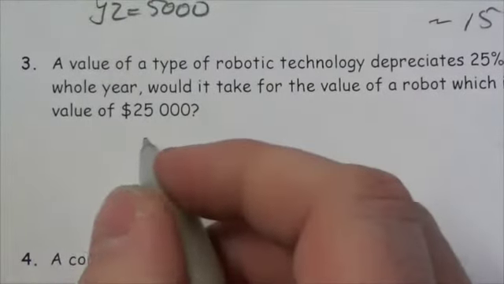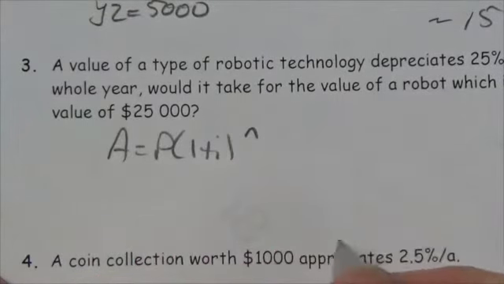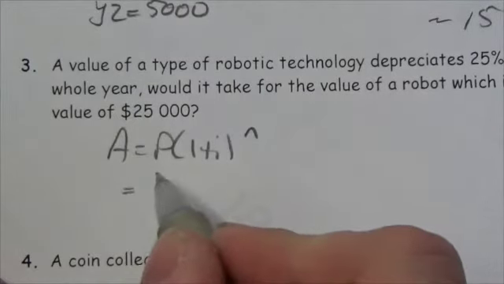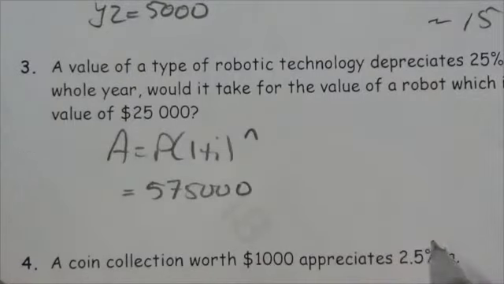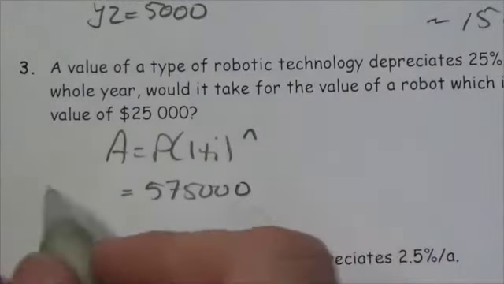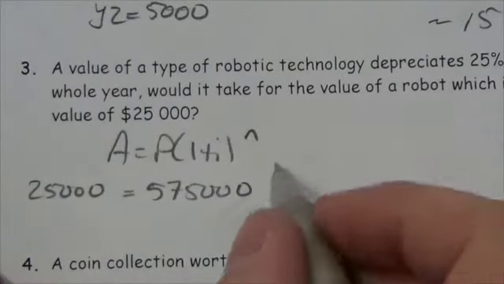So we've got the value here, A is equal to P(1 + i)^n. I'm still going to use the compound interest equation here. But notice we're told that the robot initially costs $575,000. So there's my $575,000. We're looking at how many years it's going to take to depreciate to $25,000. That's a significant depreciation here.